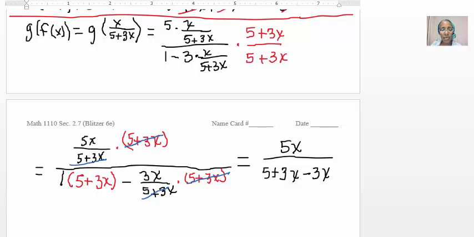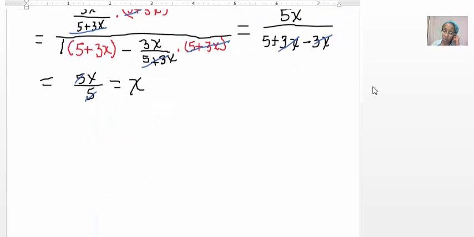So in the denominator, 1 times 5 plus 3x is 5 plus 3x. Minus 3x over 5 plus 3x times 5 plus 3x is simply minus 3x. And notice that 3x minus 3x is 0. And I am left with 5x over 5. And 5 divided by 5 is 1. And 1 times x is simply x.